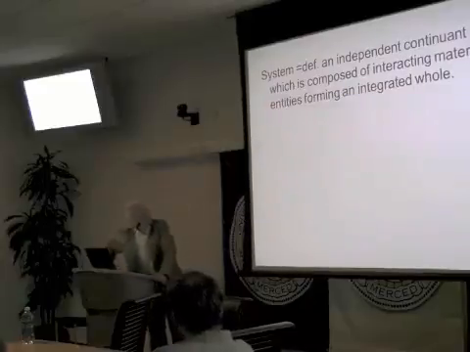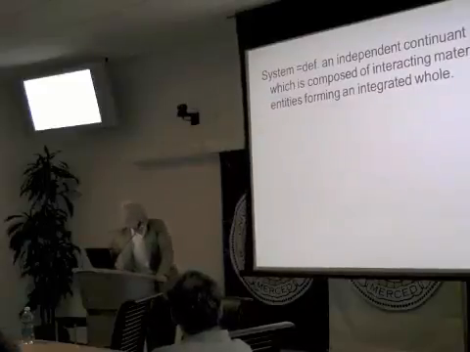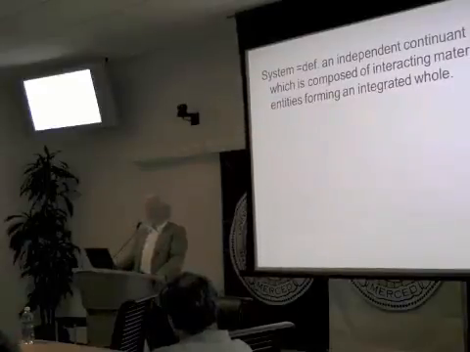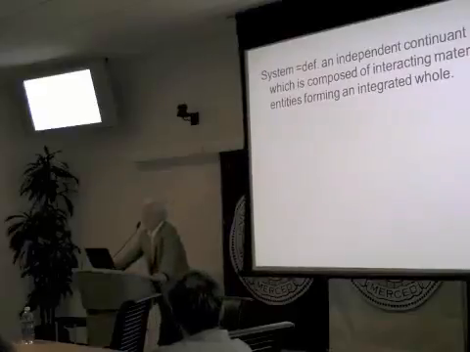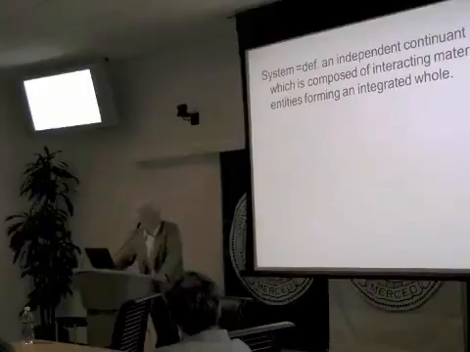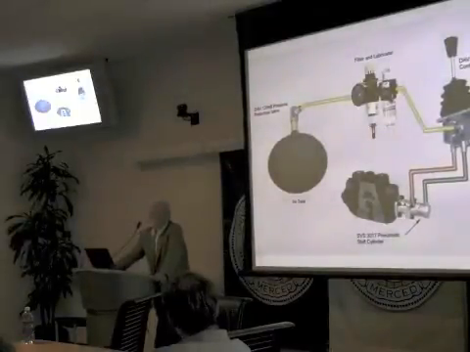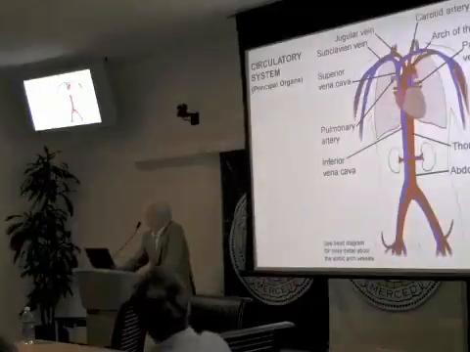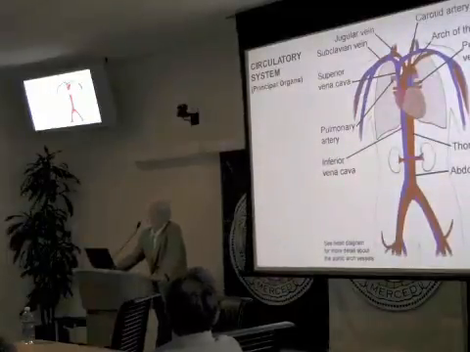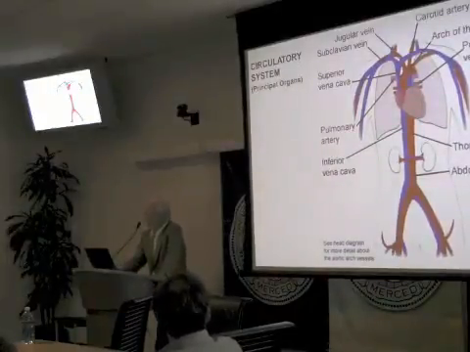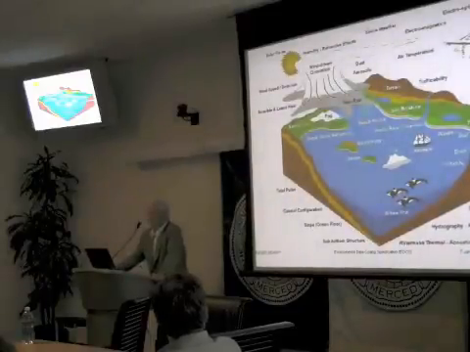And this is the definition of system that I would like to defend. So a system is an independent continuant which is composed of interacting material entities which form an integrated whole. That is a system. That is a system.